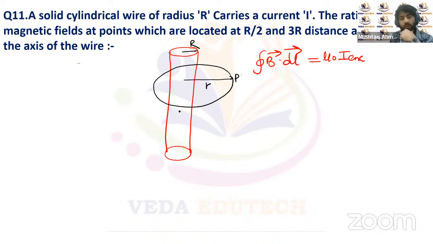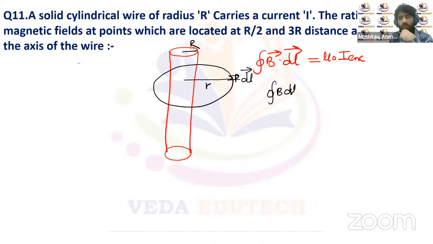Of distance r. At each and every point on this Amperian loop, the magnitude of the magnetic field is a constant, and the direction of this current element dl is along the direction of the magnetic field B. The angle between the magnetic field vector and dl vector will be 0, so the integral of B dot dl will be the integral of B dl only.